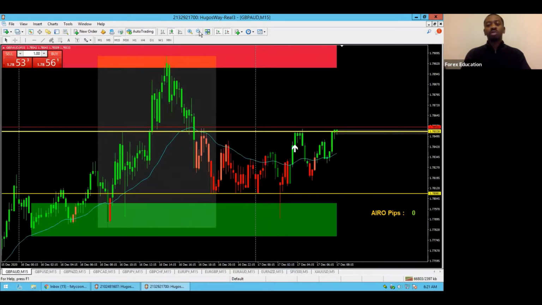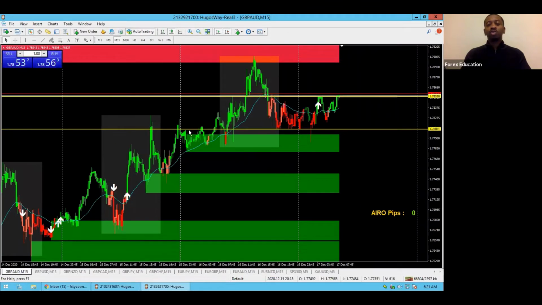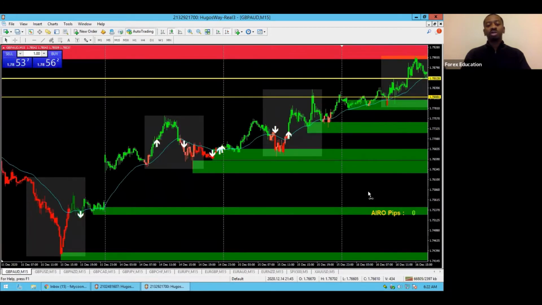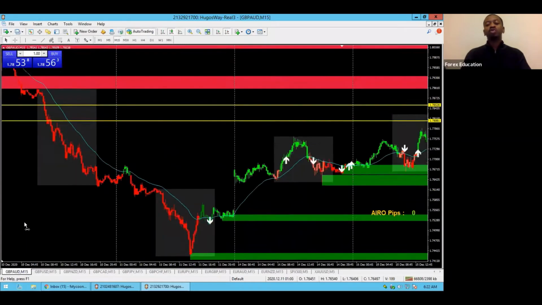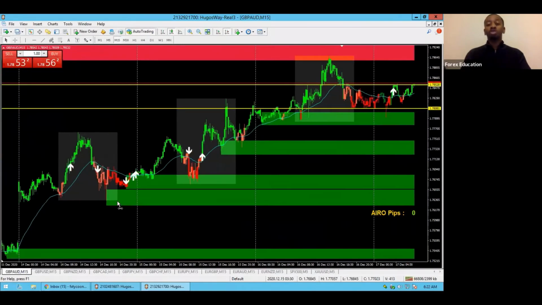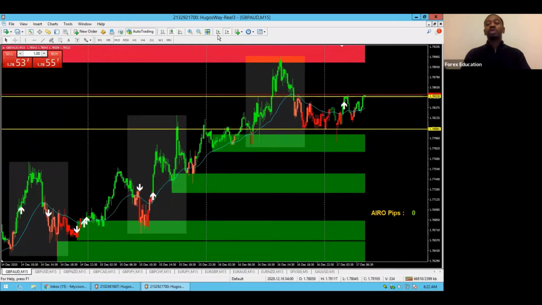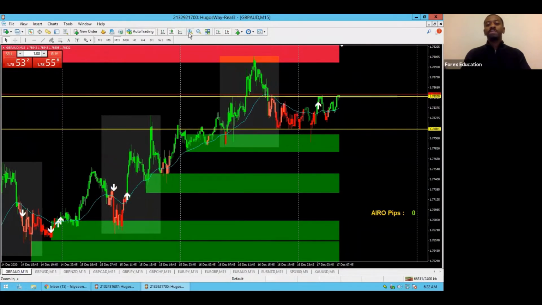That's all that means. You see here, there are more green candles than red because we're in an uptrend. If you go back and look at last week when we were in a downtrend, there were more red candles than green candles. All the candles represent are the overall trend and the strength of that trend.